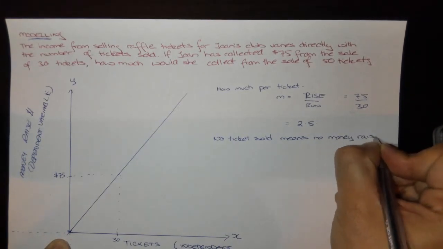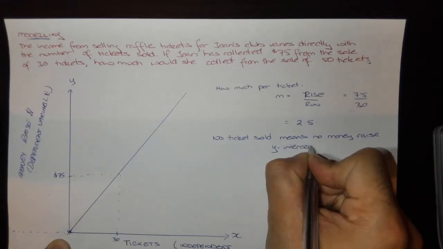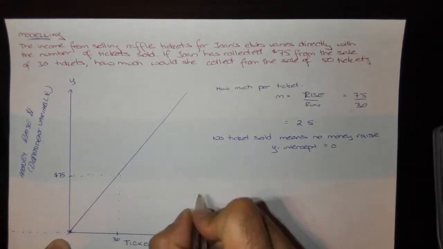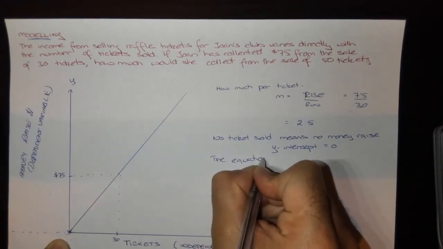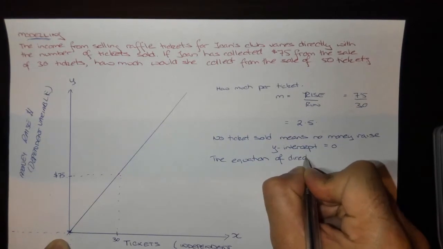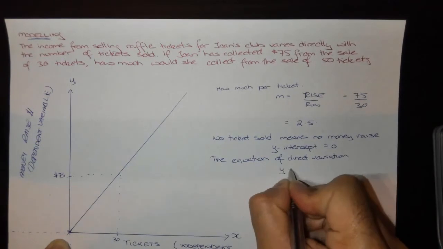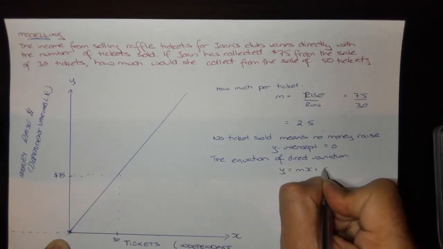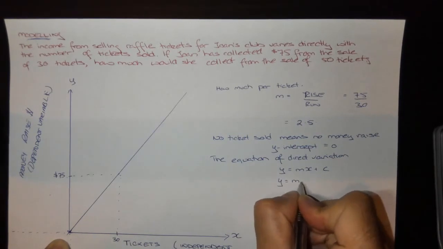So our y-intercept is 0. So the equation of this relationship, or direct variation, y equals mx plus c. The intercept is 0, so y equals mx.